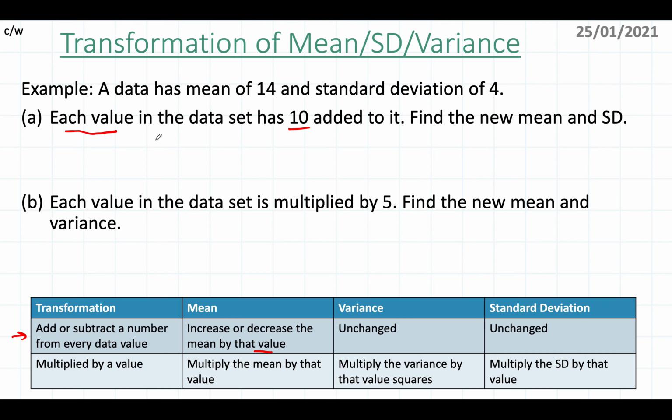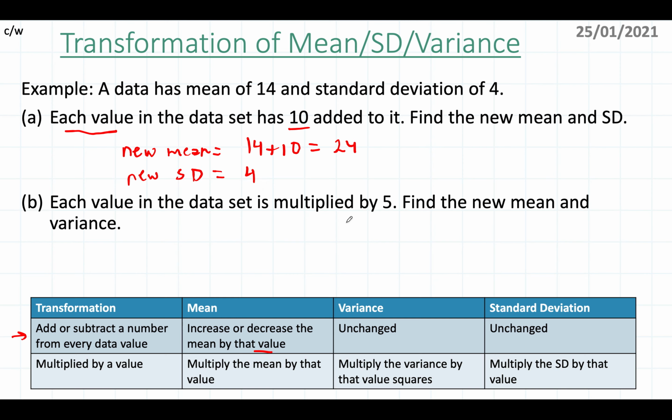So if I'm adding 10 to every value, the new mean is just going to be the old mean plus 10. So I have 24. The new mean is going to be 24 for this new data set. But the variance and standard deviation will remain unchanged, so the new standard deviation is still 4.